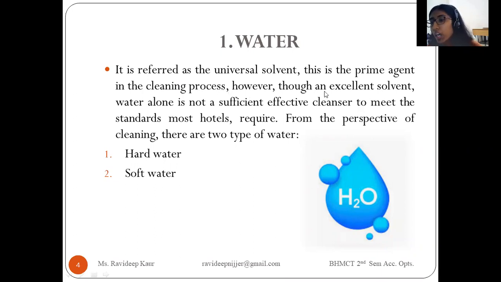However, though an excellent solvent, water alone is not a sufficiently effective cleaner to meet the standards most hotels require. So first of all, water is a universal solvent, and it is a prime cleaning agent which we have in our cleaning process.